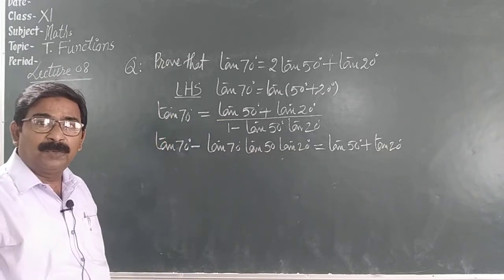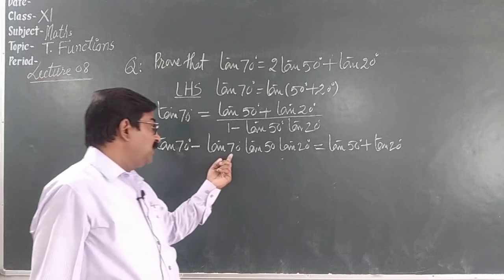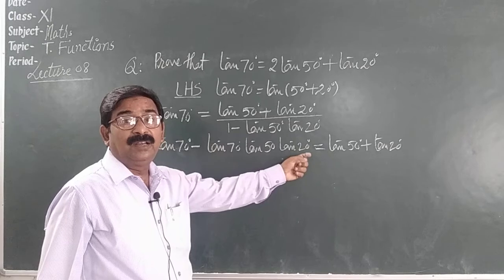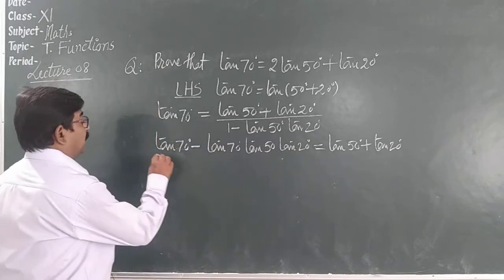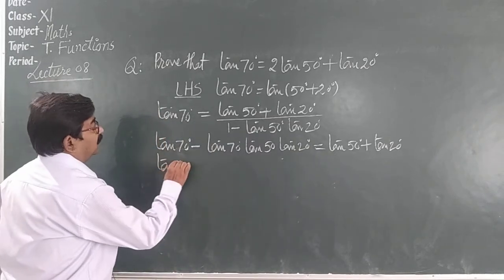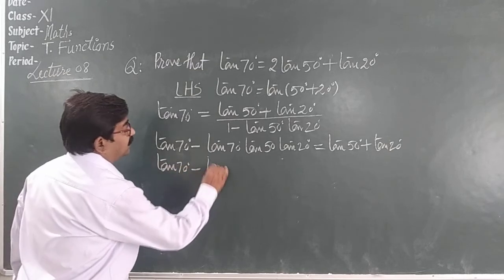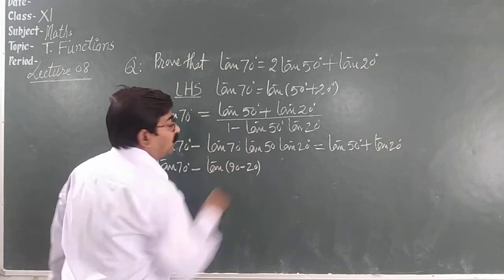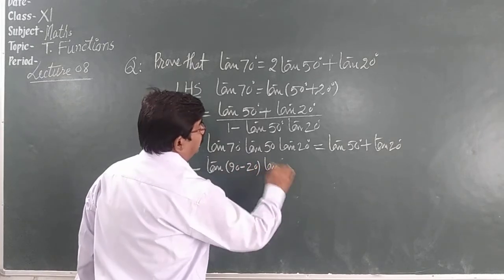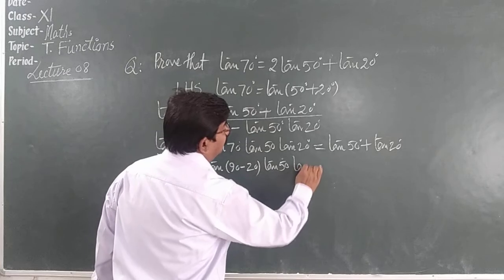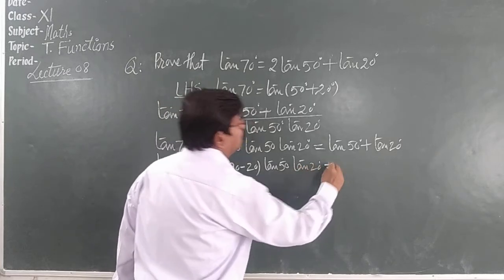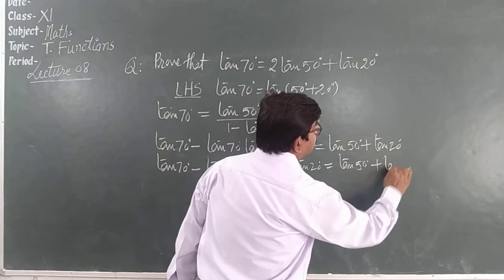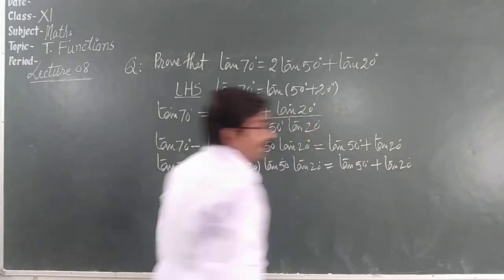So 70 can be written as 90 minus 20, or 20 can be written as 90 minus 70. I am writing tan 70 degree minus tan 90 minus 20 for 70, tan 50 degree, tan 20 degree is equal to tan 50 degree plus tan 20 degree.